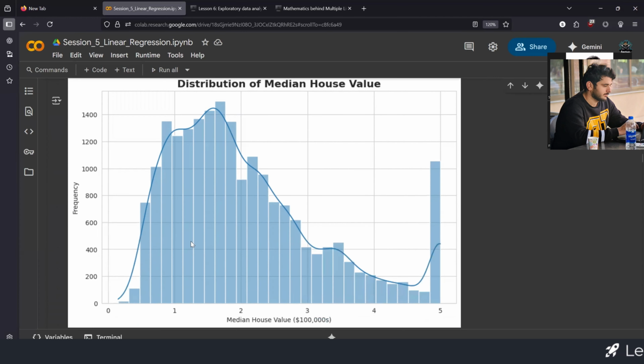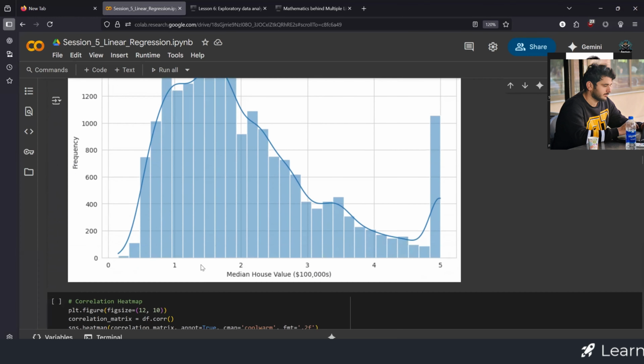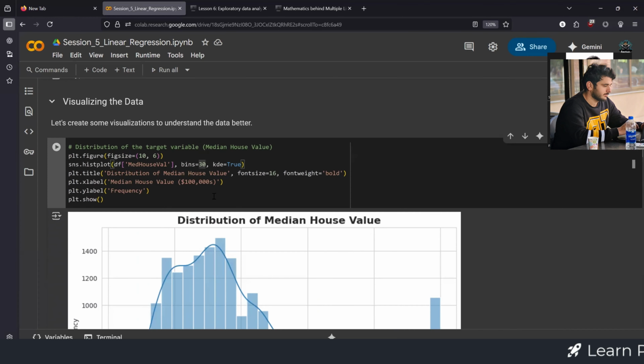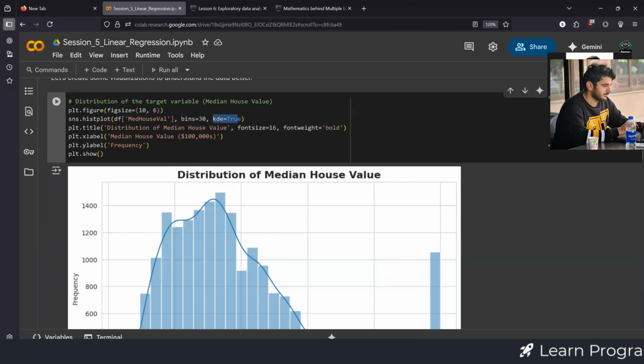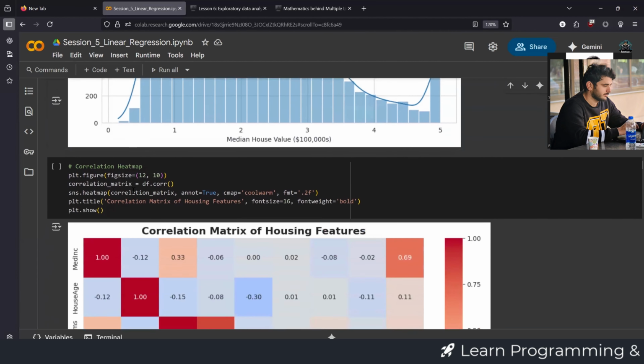We can adjust that if we want to increase the size of the bars on the x-axis. We are using kde equal to True to basically get this blue line over here. Apart from that, we are using title customization, x label customization, and y label customization.